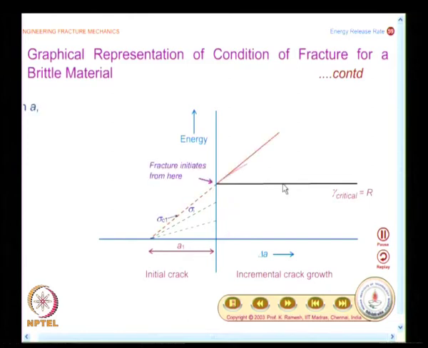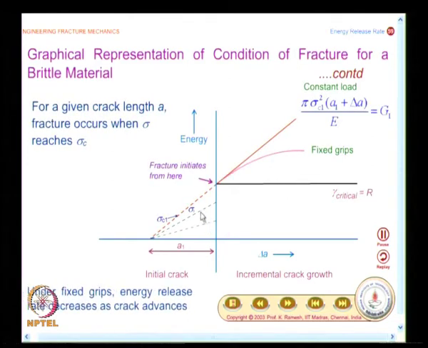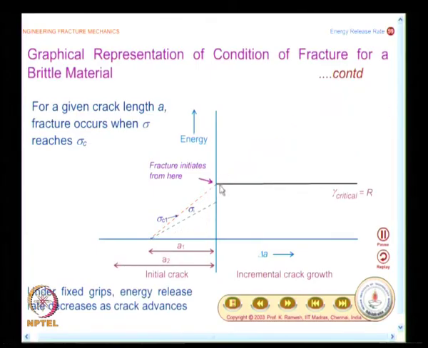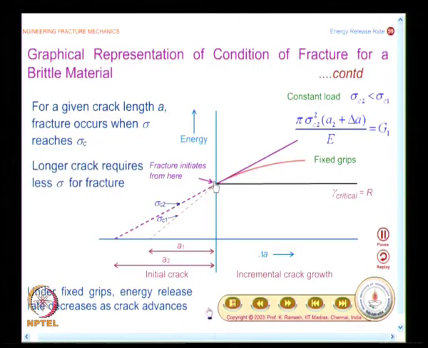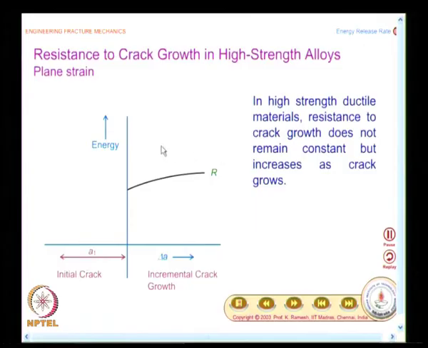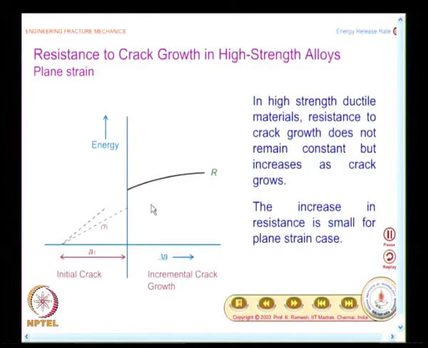In the case of brittle material, as you increase the stress, what you find is at a particular value of critical stress, fracture instability takes place. So, here G equal to R. For brittle materials there is no problem. When we come to ductile materials, what we have noticed was, in the case of plane strain, R is not a constant, but it varies, but the variation is shallow.